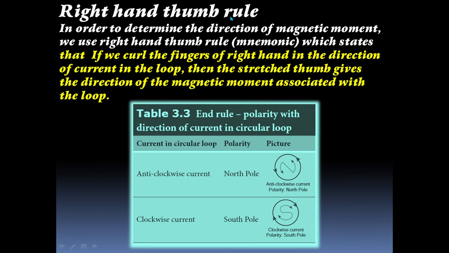right hand thumb rule. What is the use of the right hand thumb rule? In order to determine the direction of magnetic moment, we use the right hand thumb rule. It states that if we curl the fingers of the right hand in the direction of current in the loop, then the stretched thumb gives the direction of the magnetic moment associated with the loop.